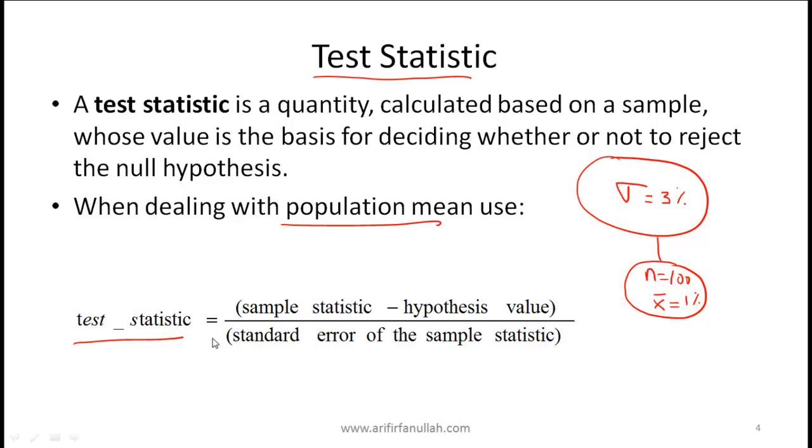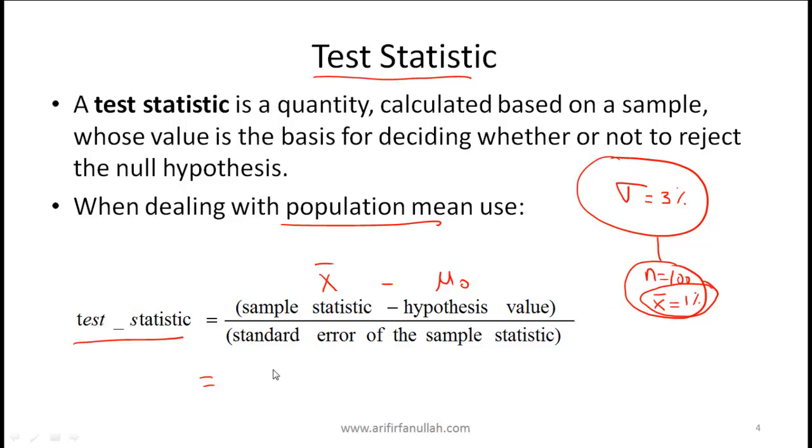So that test statistic is simply equal to the sample statistic, which is the x bar value, minus the hypothesis value, often also denoted by mu naught, divided by the standard error of the sample statistic. And we talked about this in the last lecture, so that's the standard error associated with x bar.